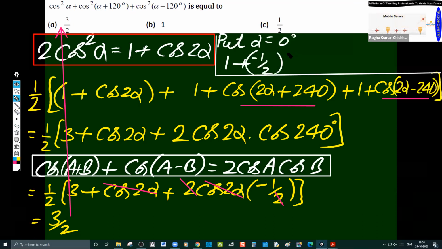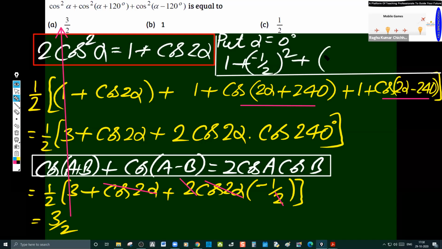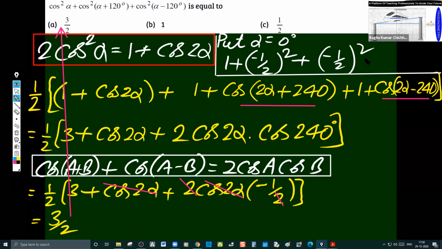But square is there, so it will be plus 1 by 4. This is also minus 1 by 2, whole square. You simplify and tell me. Mind calculation, don't put your pen on the paper. It is 1 by 4, 1 by 4, 2 by 4, 1 by 2, 1 plus 1 by 2, 3 by 2. 3 by 2.